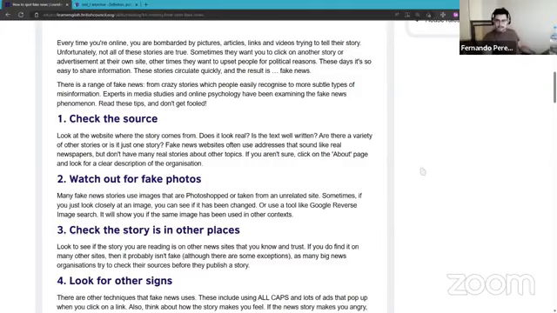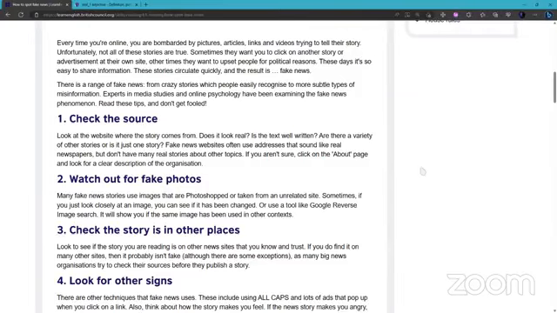Real is Spanish too, remember. If you aren't sure, click on the About page and look for a clear description of the organization.